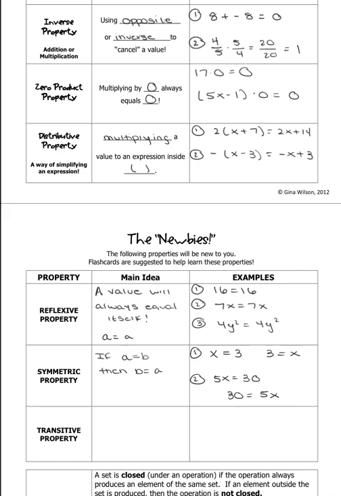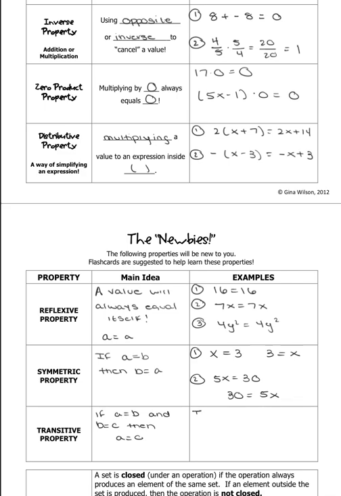The transitive property. If A equals B and B equals C, then A equals C. The transitive property is a little, I don't want to say tough to remember, but it's one of those that you have to think about just a tad bit.